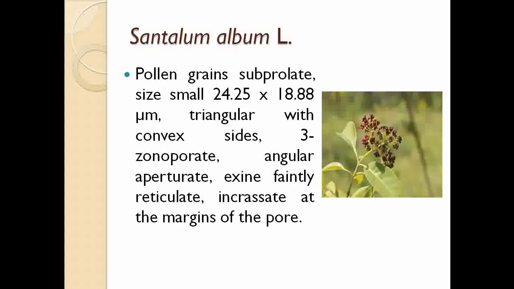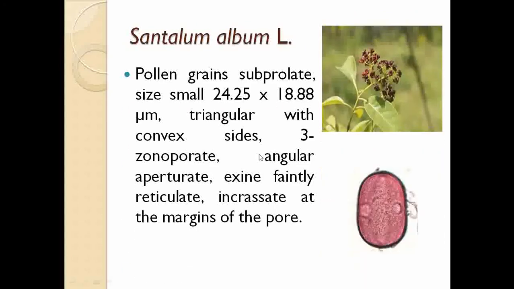Then the next example is Santalum album. See here, the shape of the pollen grain is subcorrelate. The size of the pollen grain is 24 into 18 micrometer. The structure of the pollen grain is somewhat triangular, but it shows the presence of convex sides on all sides.